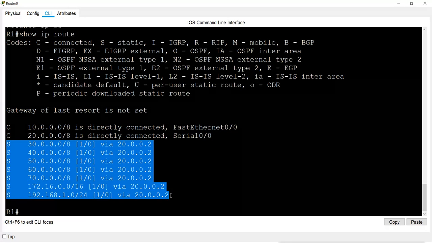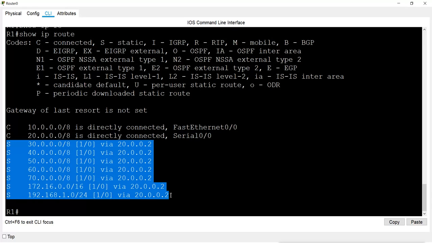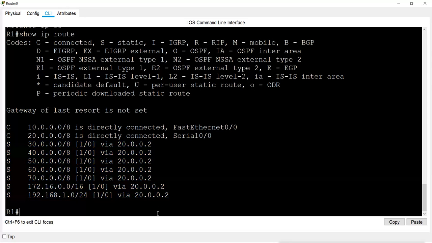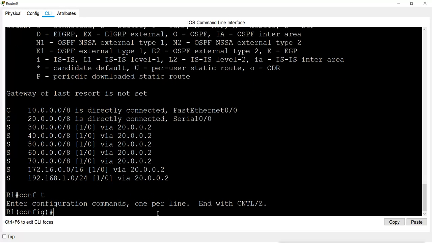Now if I want to remove them, I have to go back to config mode. In Cisco IOS, if we want to reconfigure anything, we have to remove the configuration first, and for that we just give no before the command.